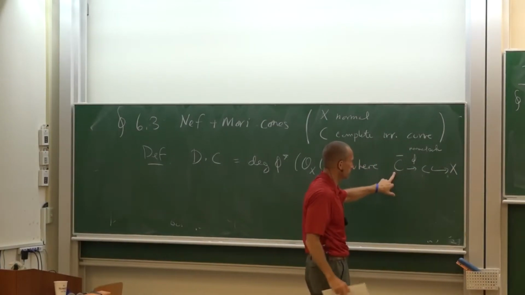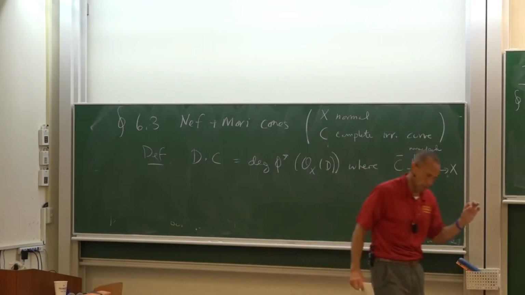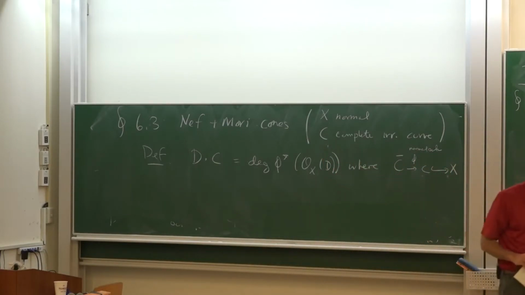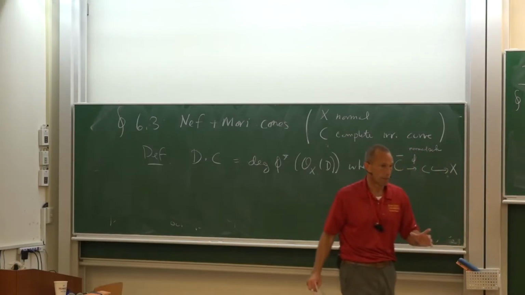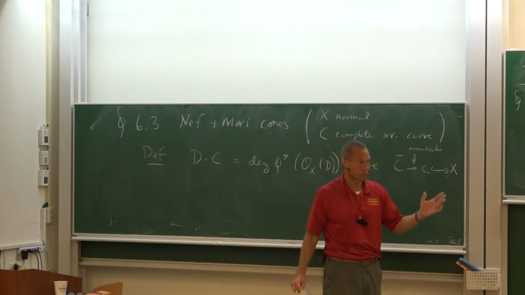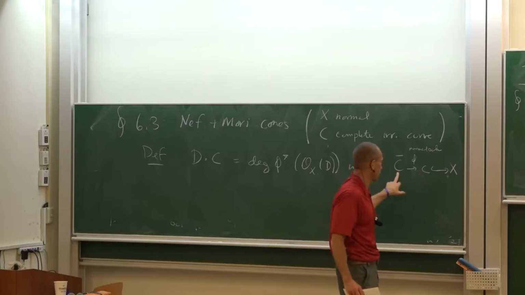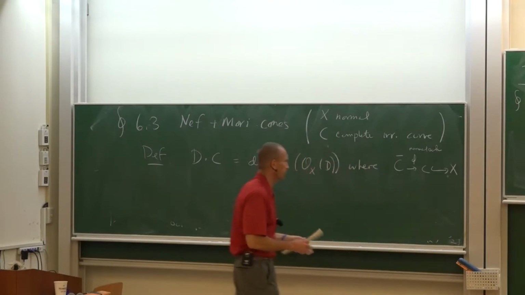I take a normalization of the curve. Remember, in general, normalization is not going to give you a smooth variety, right? You know that the singularities of normal varieties are in codimension 2. But for curves, normalization is the same thing as smoothing it. So this is a smooth curve that resolves the singularities of C.